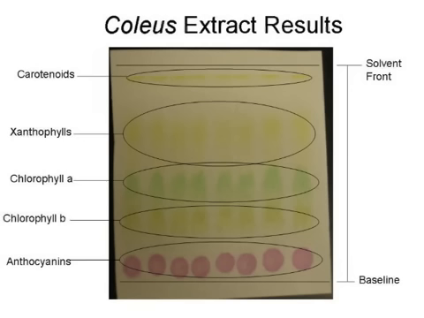Notice how the anthocyanins did not move from the original pigment spot. This extract contains from the bottom up 5 pigments, anthocyanins at the bottom, then chlorophyll B, which is yellow-green, then chlorophyll A, which is blue-green, then the yellow xanthophylls, and finally the carotenoids, which are orange.